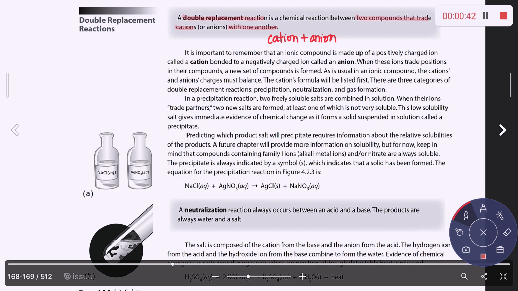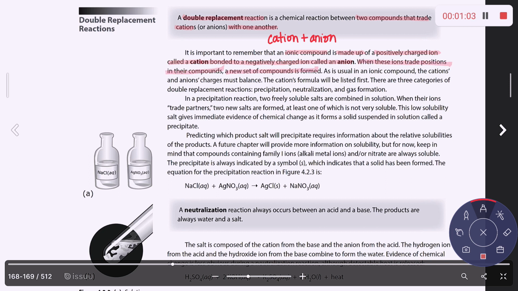Okay, so ionic compounds are made of positively charged ions called cations, and they are bonded to negatively charged ions called anions. And when the cations switch, a new set of compounds is formed.